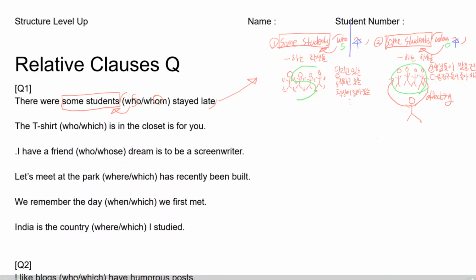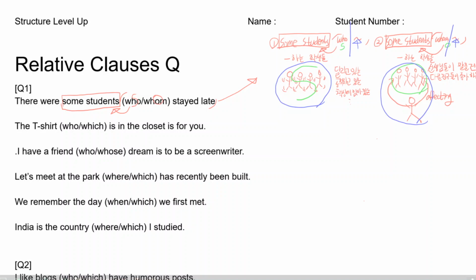Even if we read up to here, it would determine the situation already. Okay, so if we said some students who, then the situation would look like this. But if we said some students whom, the situation would look like this. Okay, do you see what I'm saying here?